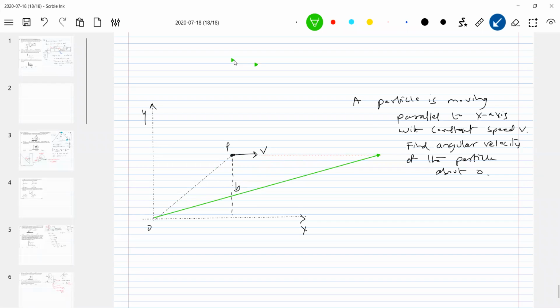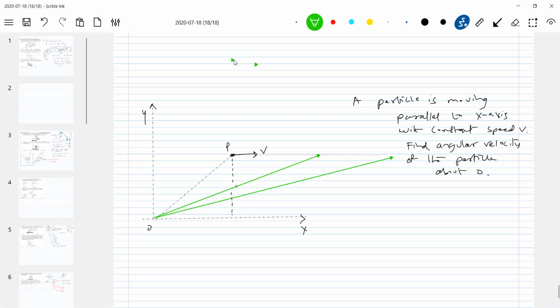But look at the radius vector. What do we mean by radius vector or position vector? It is directed from the origin to the particle. Is it rotating? Yes, it's rotating. After some time, where will it come?